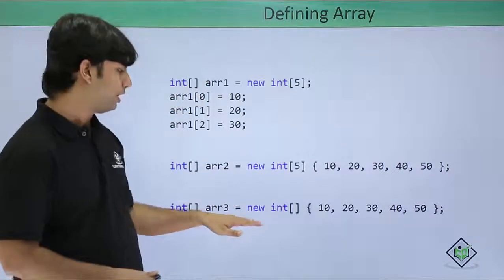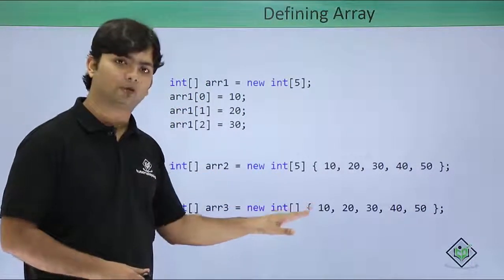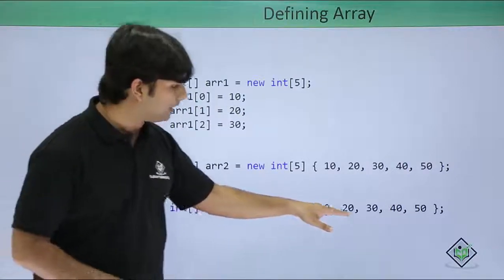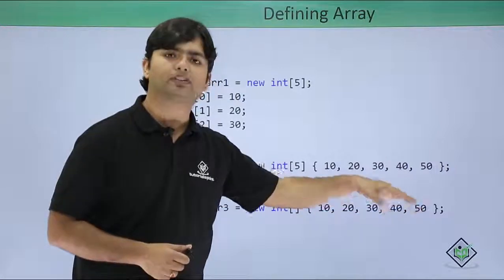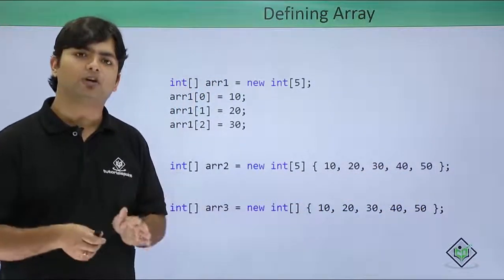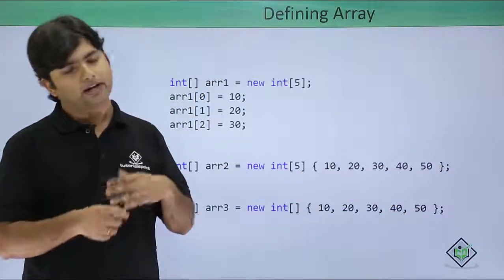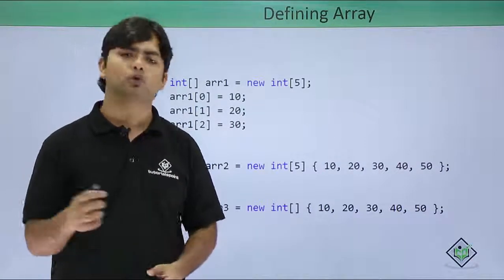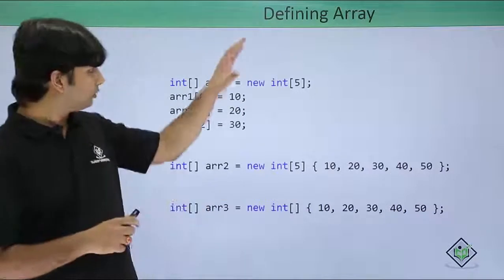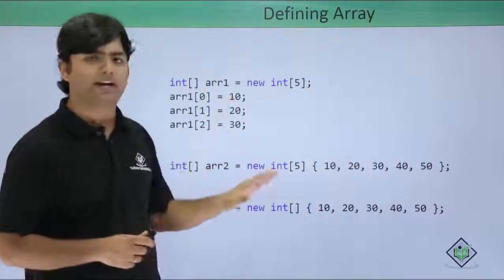Or in the last way, where I have not specified the number of elements here, I can pass as many elements as I want, but whatever number of elements I pass the first time will be the size of this array, and as I said, later in the same program you will not be able to change it. So this is one type of array, that is the linear array.